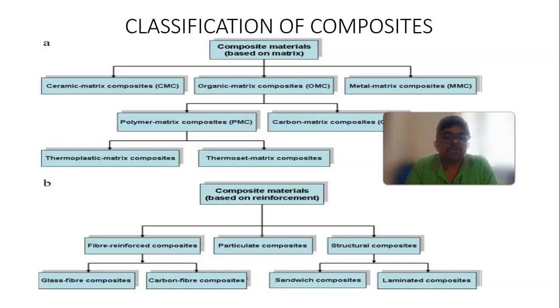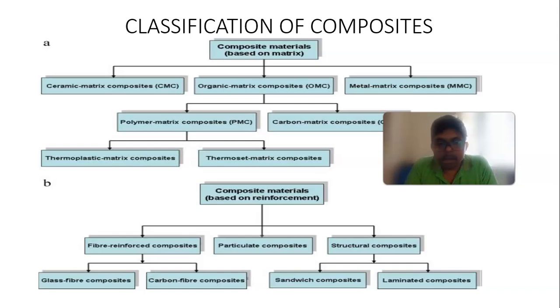Okay, first of all we need to classify the composite materials into three different categories. The first one is the ceramic matrix, which I told you about earlier. Following that, the organic matrix. The organic matrix is nothing but when we use polymers as a material, we call it organic.